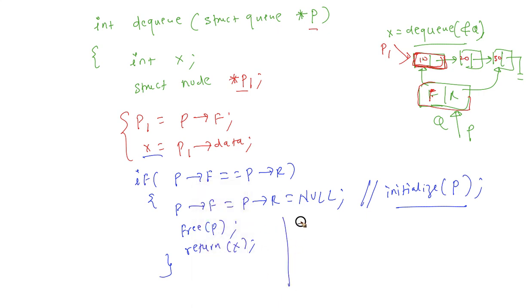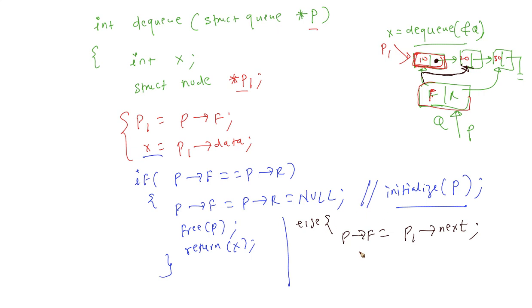In else, I'll write else here. This is my else. Else means there are many nodes. This is the situation with many nodes. Now in this case, what should I do? This F will no more point here, but it will point to the next node. The address of the next node is stored in P1 arrow next, right? So P1 arrow next is the address of this node that I should give F, so that F will point here. So I should say P arrow F equal to P1 arrow next, right?